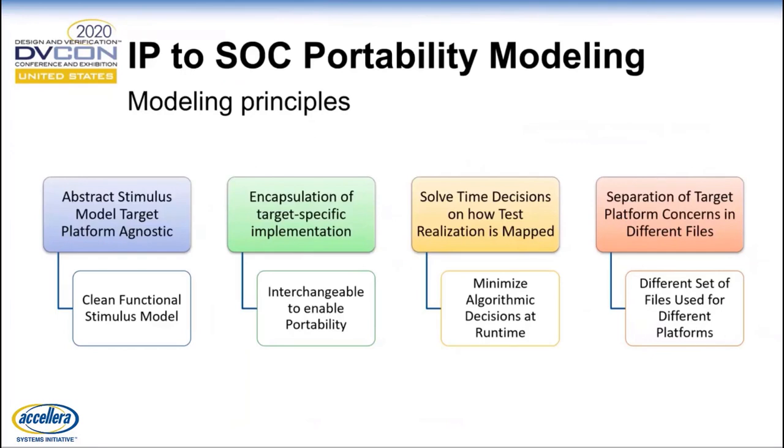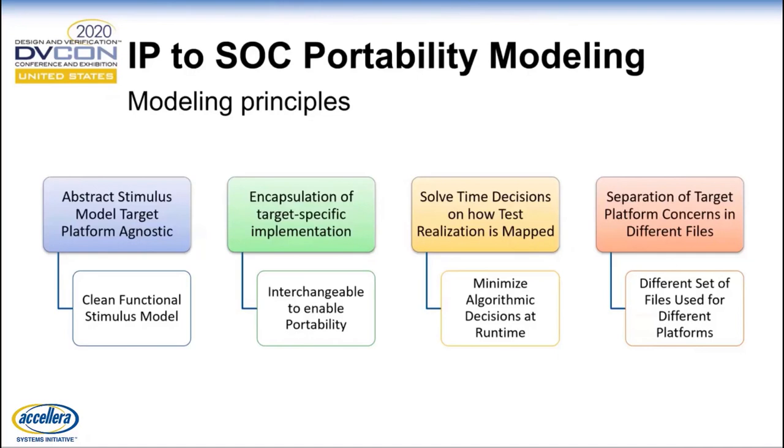So we want to model and we want to have these modeling principles. The modeling principles are, consider them a pattern, a methodology, and perhaps there'll be libraries that will assist with this modeling and tool-specific things that will also enable this portability.